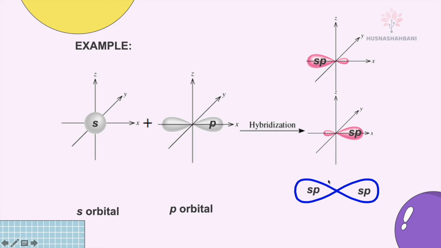Still, there are 2 sp orbitals, not 1. The shape is like a dumbbell p, but this dumbbell is only one p orbital. This sp hybridization is counted as 2 because initially you have 1 sp, another sp, and this is 2 sp orbitals.